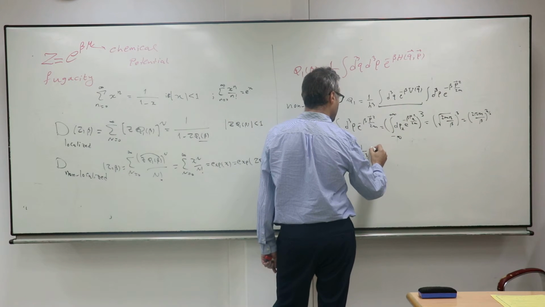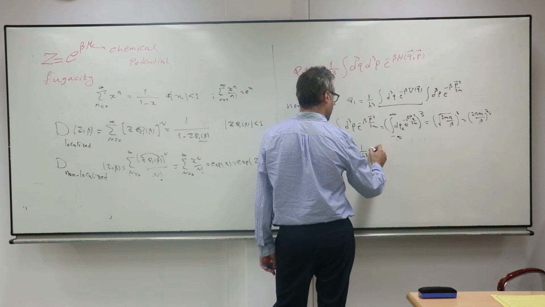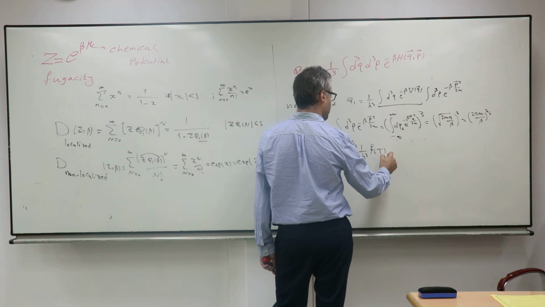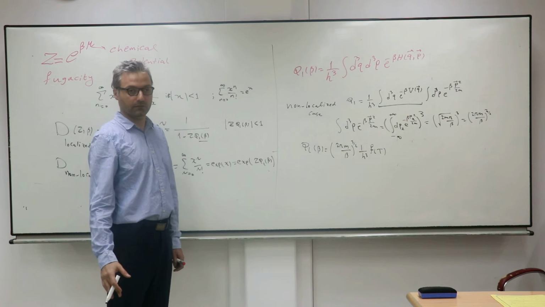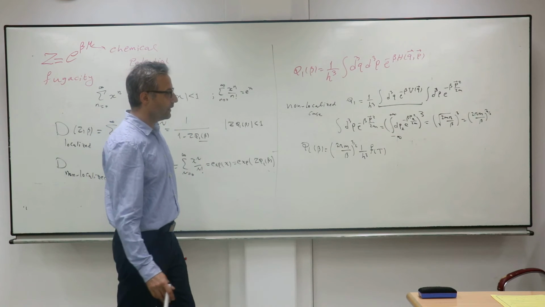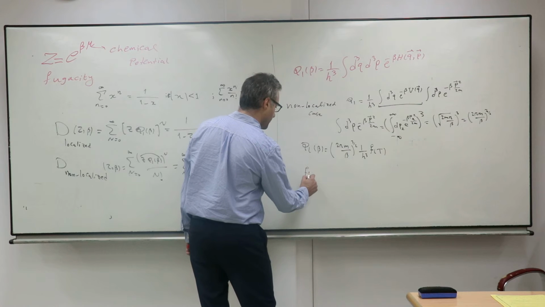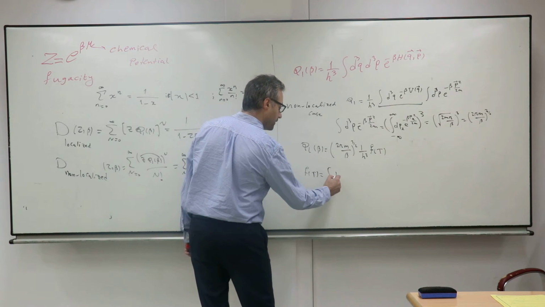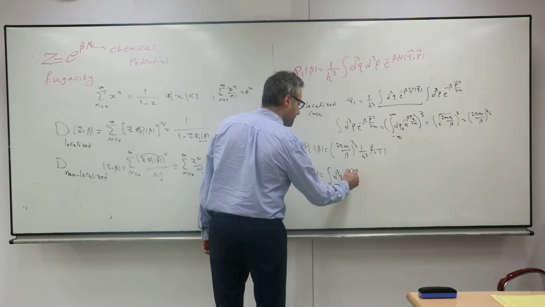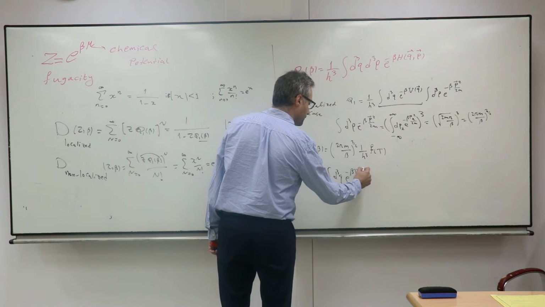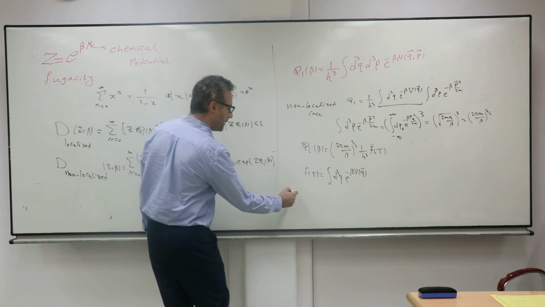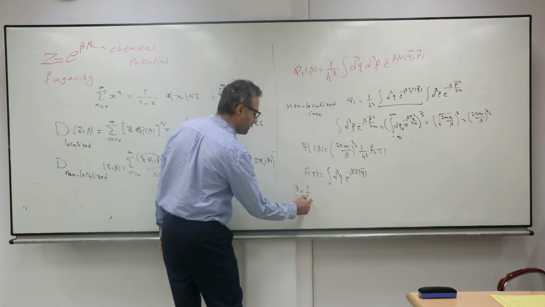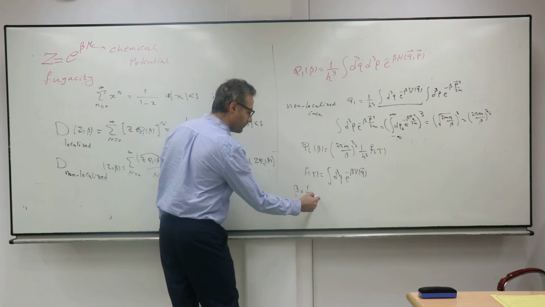This integral we call F(T), okay? Because it's a function only of T, no? Or beta. So I call it this F(T). F(T) is the integral of dq e to the minus beta V(q). And you know that beta is 1 over kB T. Anyway.